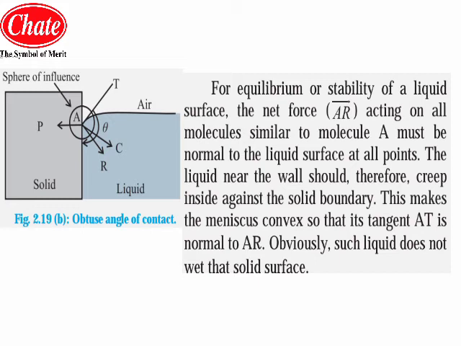Thus the liquid near the wall should creep inside against the solid boundary. This makes the meniscus convex so that the tangent AT is normal to the AR. As you can see students, the tangent AT is normal to the AR. Obviously such a liquid does not wet that solid surface. So this is what we learn from the second case, the obtuse angle of contact.